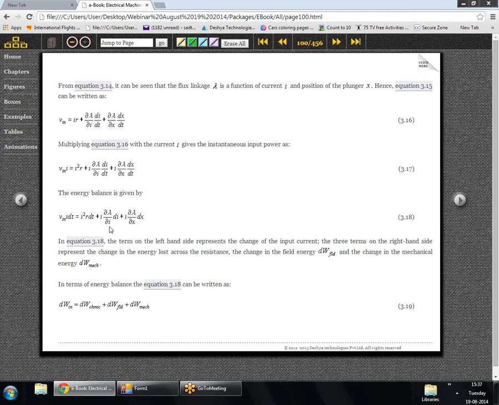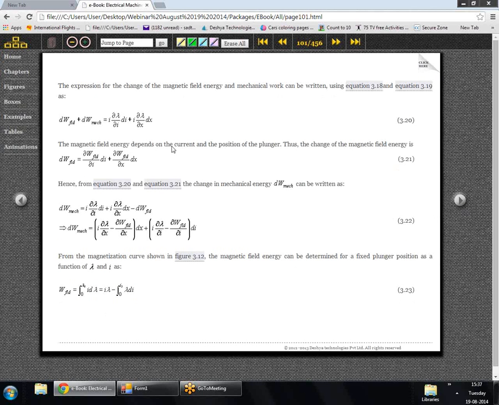The second term on the right hand side of equation 3.18 is the magnetic part, or we call it the field energy, and the third term on the right hand side of equation 3.18 is the mechanical energy. And eventually what we can do is we extract the field energy and the mechanical energy part from equation 3.18.